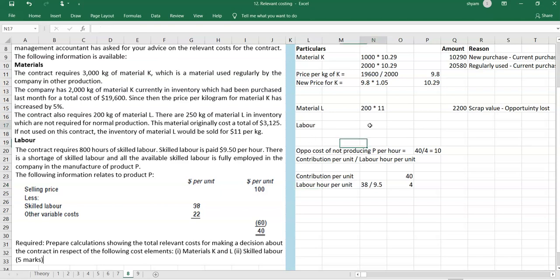So we can put that here. 10 is opportunity cost, and 9.5 is the variable cost of production. So I think we'll put it here, 9.5. And how many hours are required? 800 hours is required.